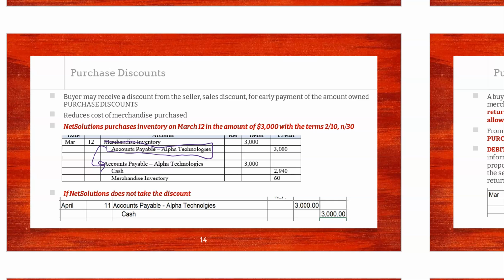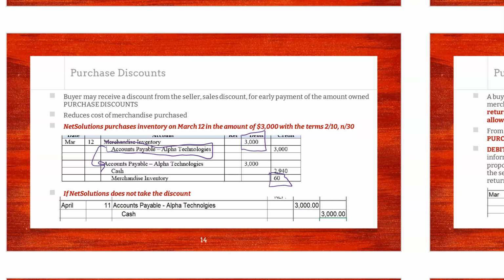That's why cash is credited $2,940, and the remaining balance goes as a credit to merchandise inventory. Originally we recorded merchandise inventory as having a value of $3,000, but that's not actually how much it's worth because we took a discount on it. So it's going to be $3,000 minus the $60 that we're crediting here.